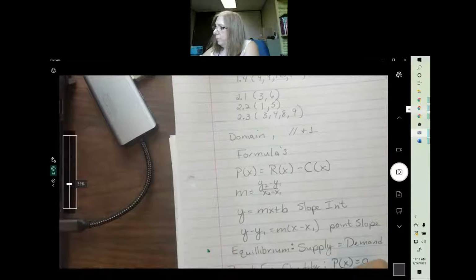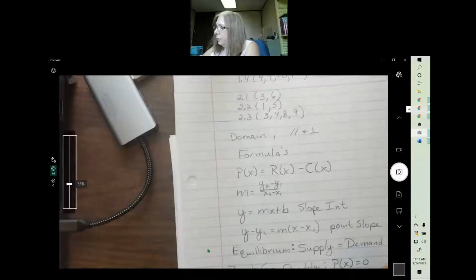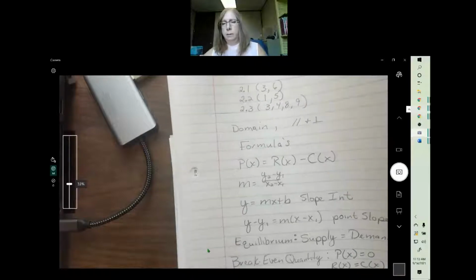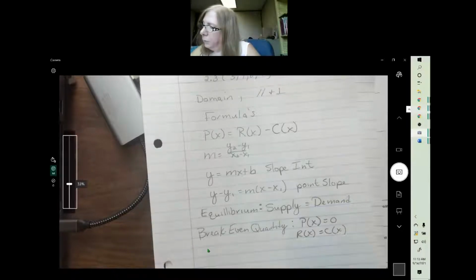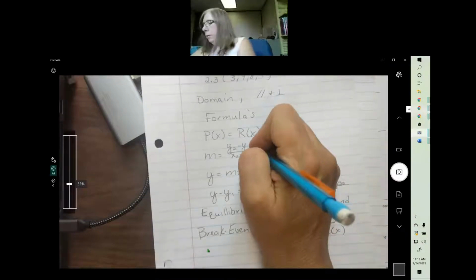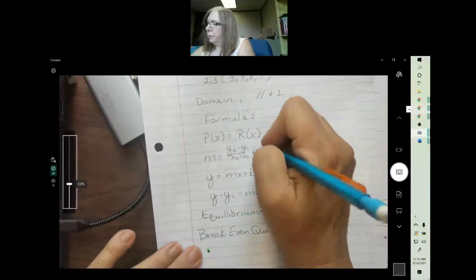If you don't, then you would have revenue and cost, and you just set them equal to each other. So I think that's it. Slope is also called rate of change.